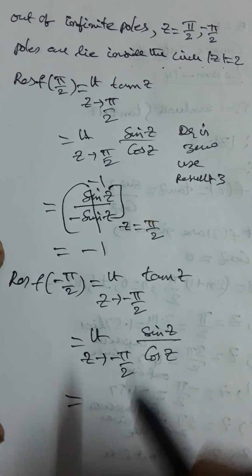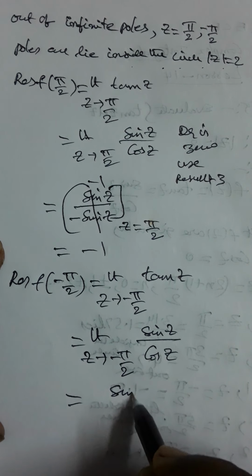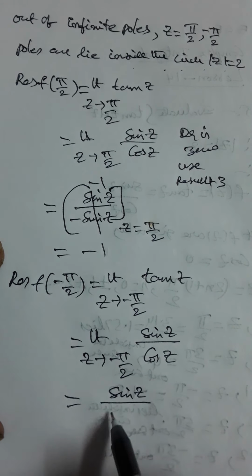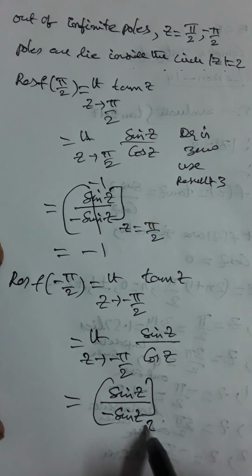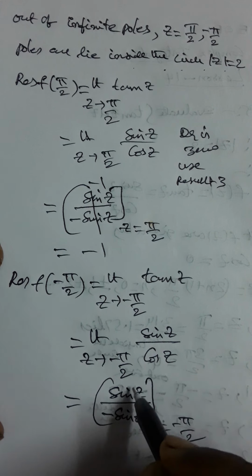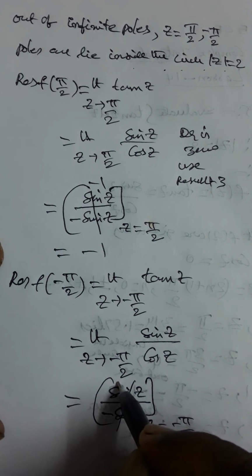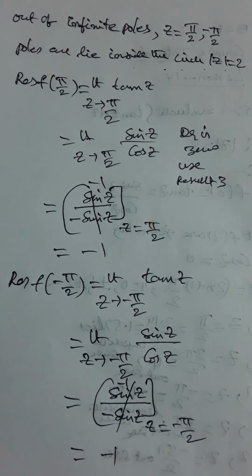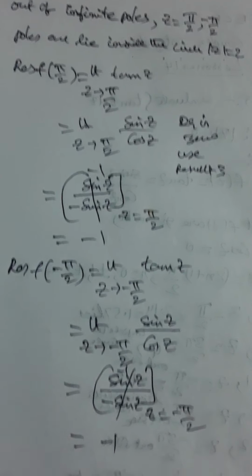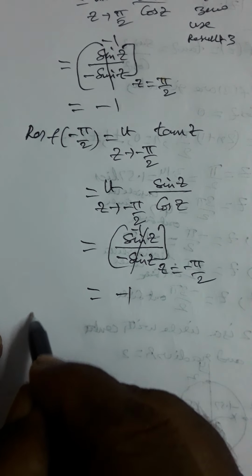Use result 3. Write sin z as it is, take the derivative of the denominator, minus sin z, and put z is equal to minus pi by 2. Here it cancels and we get minus 1.